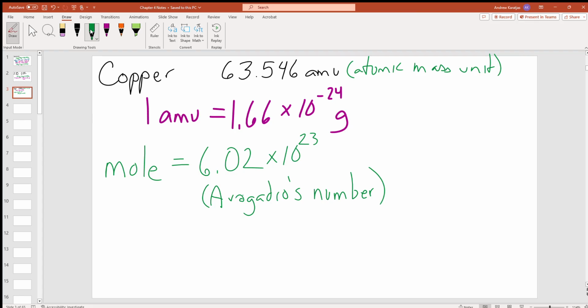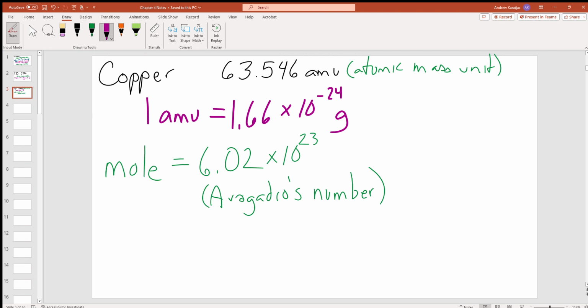So that's the main concept we're dealing with here: when we introduce this term mole, it means we have 6.02 times 10 to the 23rd of whatever that item is. Now, how does that help us? Well, let's see the following.